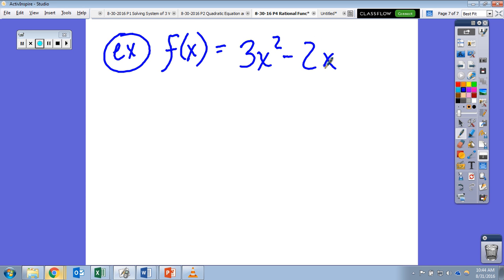You guys know what this is, it's a quadratic function, so the shape is a parabola, concave up, yes? Okay, so let's say I wanted to find the derivative of this function. So let's go ahead and do that.